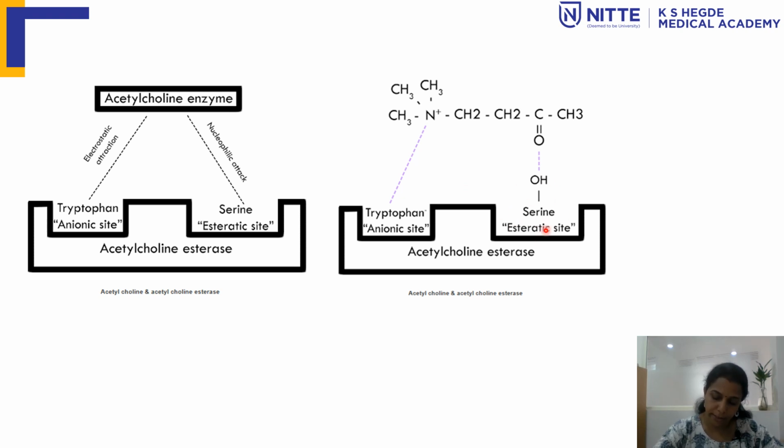The esteratic site is set free in a fraction of a millisecond. The carbamylated enzyme, that is with reversible inhibitors, reacts slowly, whereas the phosphorylated enzyme reacts very fast, within a few minutes it gets extremely stable.